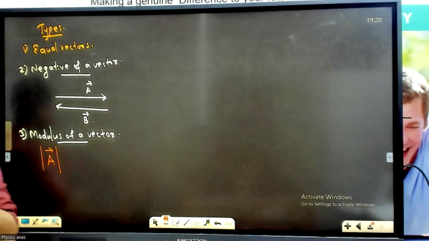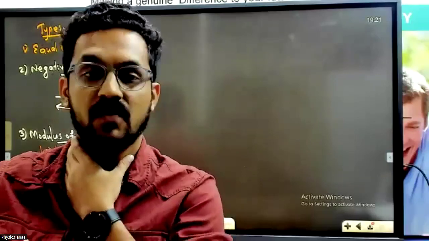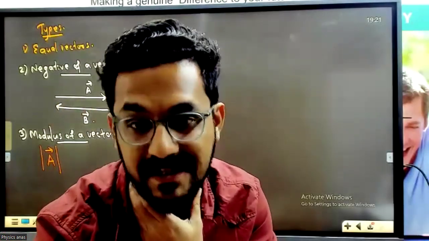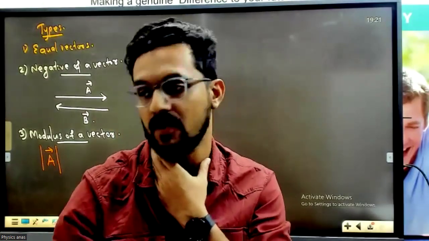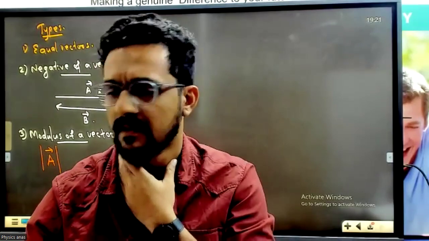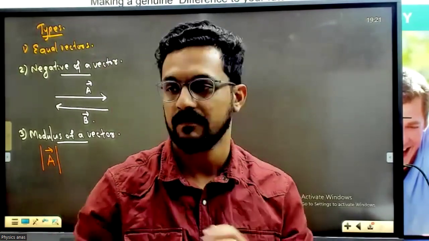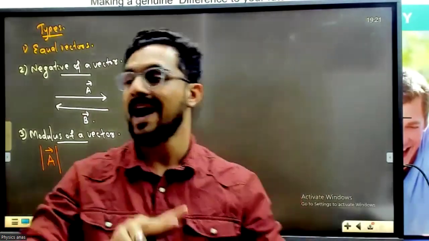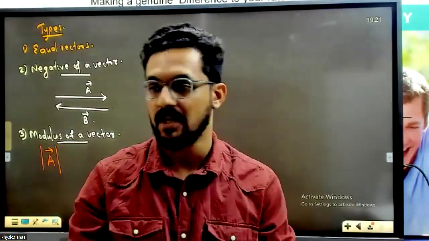If we are talking about force, I will give you one example. I have applied a force of 10 Newton on this chair. I have pulled the chair towards me with 10 Newton. Then what will be the magnitude of that vector? Just 10 Newton. That's the magnitude without the idea of direction, only the value represented there.